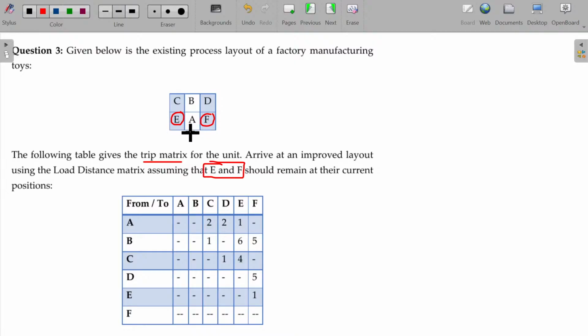First, you try to finish off your cost for the existing layout. So, we have A to 3 departments.